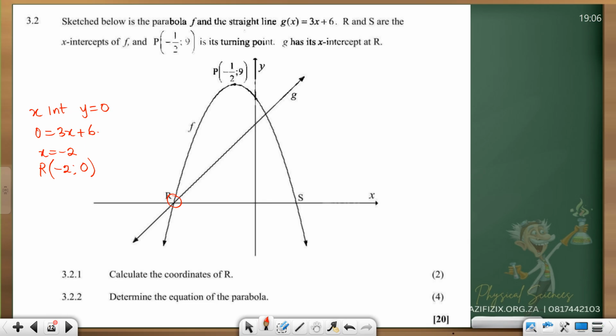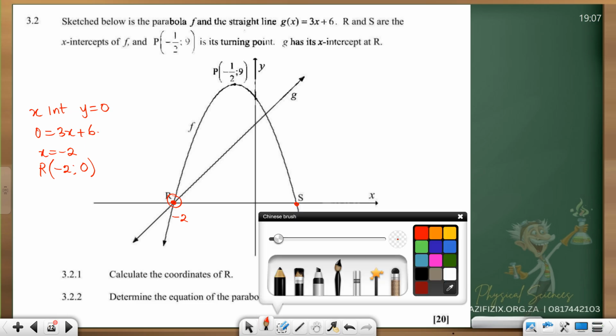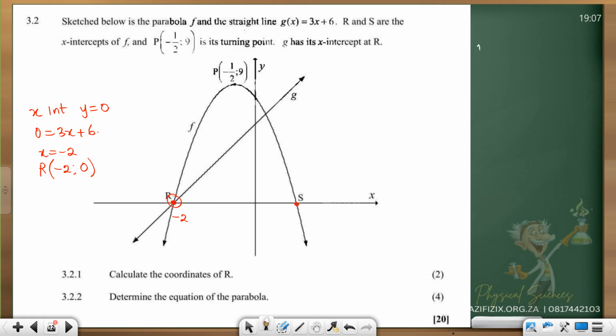All right, how do we get the equation of the parabola here? There are two ways of getting that equation of the parabola. Let's analyze quickly, guys. If this is -2, do you think we can get that? I can use this one. Do I know my a?